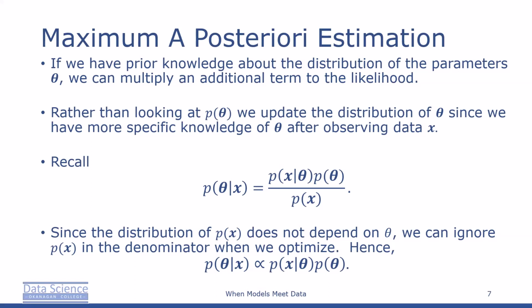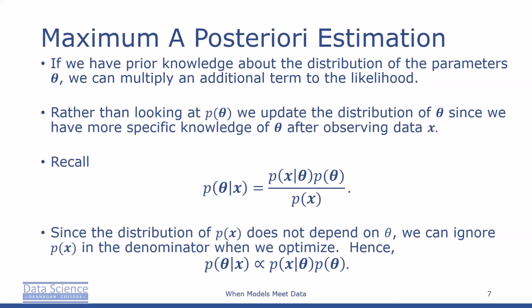For a given prior, after observing some data x, we should update the distribution of theta. How should we update the distribution of theta? In other words, how should we represent the fact that we have more specific knowledge after observing data x? Bayes' theorem, which we previously discussed, gives us a principled tool to update our probability distributions of random variables.